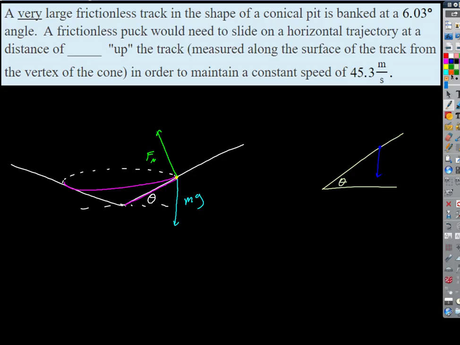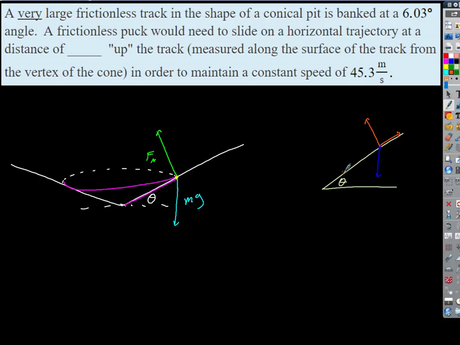If there was friction, the friction was acting parallel, and the normal force was acting perpendicular. The motion was going to be down the ramp, so it made sense for us to pick parallel and perpendicular components there. But not this time.